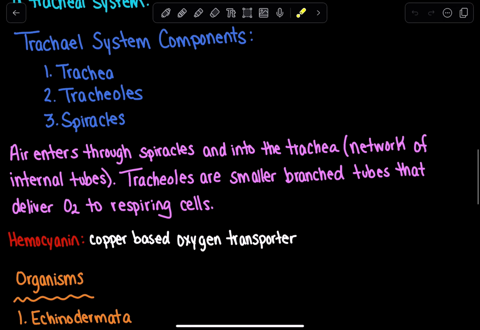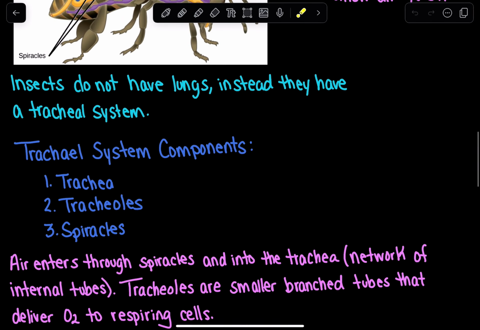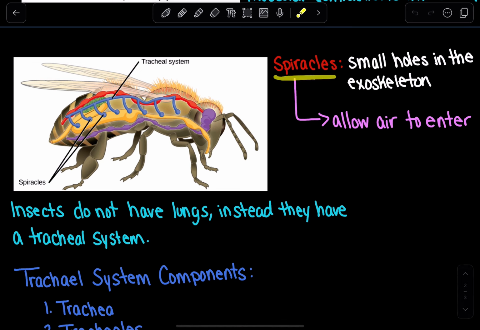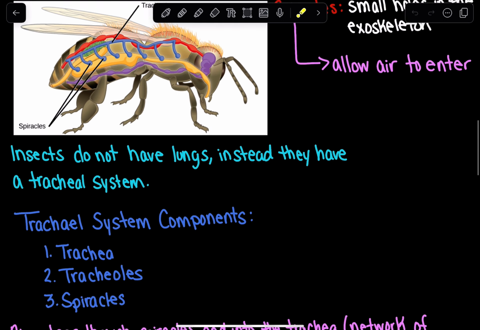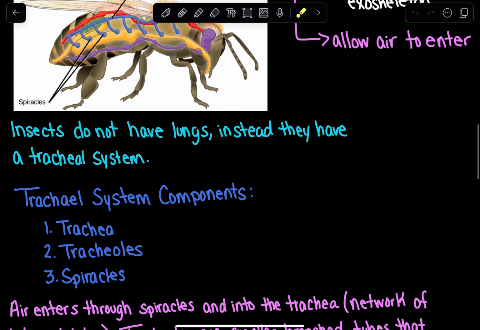So instead, our invertebrate relies on the tracheal system, in which it has spiracles, which essentially are small holes in the exoskeleton, and these small holes allow for air to enter the tracheal system, which essentially means that spiracles, which are the holes, allow air to enter into the trachea. The trachea branches off into tracheoles, and those tracheoles will pass air, oxygen, or export carbon dioxide to the invertebrate.